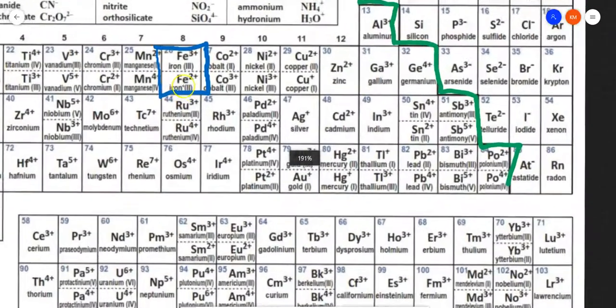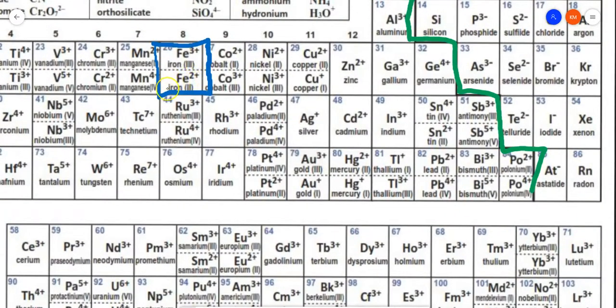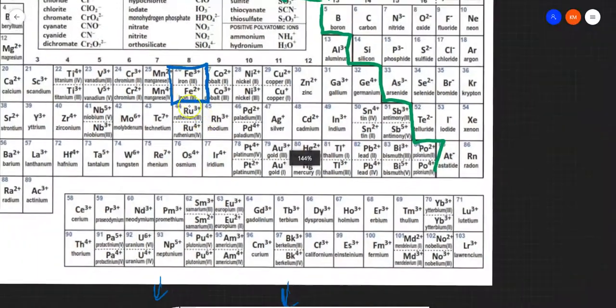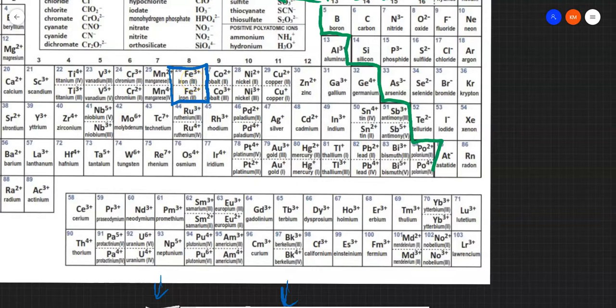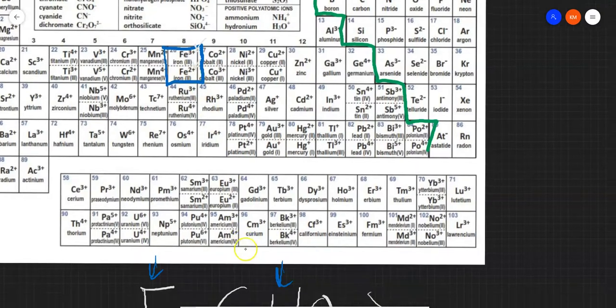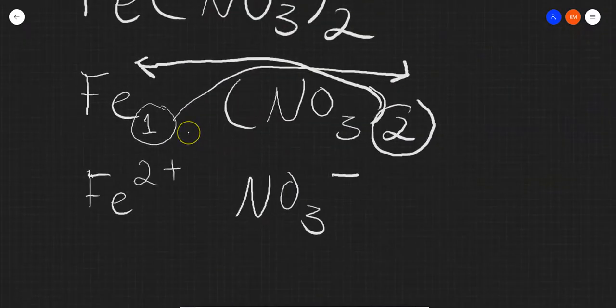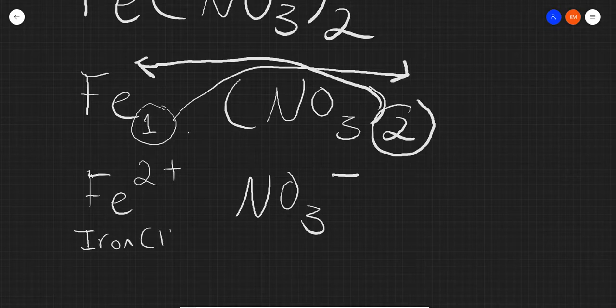And if I look, the Fe2 plus is iron 2. You see the Roman numeral after it? 2. That's because iron can have multiple ion states. So iron 2, iron 3, iron 1 even. And so that's why we reversed crisscross, because now I can know that this is iron 2. This 2 represents the charge.